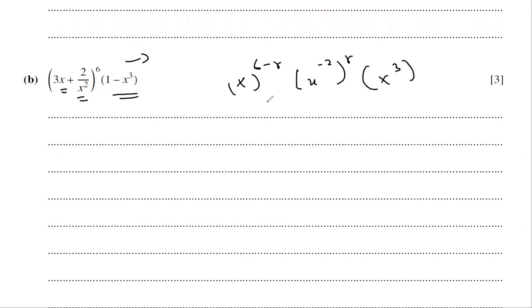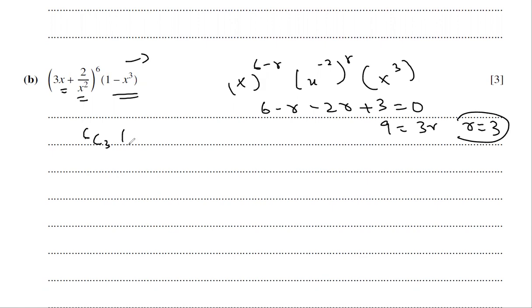You would write it down like that. 6 minus r minus 2r plus 3, because it is being multiplied, and then it should be independent of x, equals 0. So 9 is equals to 3r, r is coming 3. Simple. You would say 6c3 into 3x cube. Okay, I hope that I have made this clear.